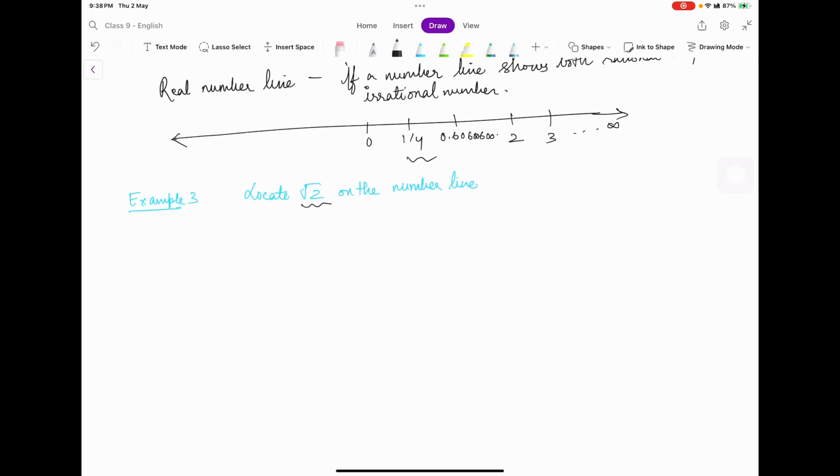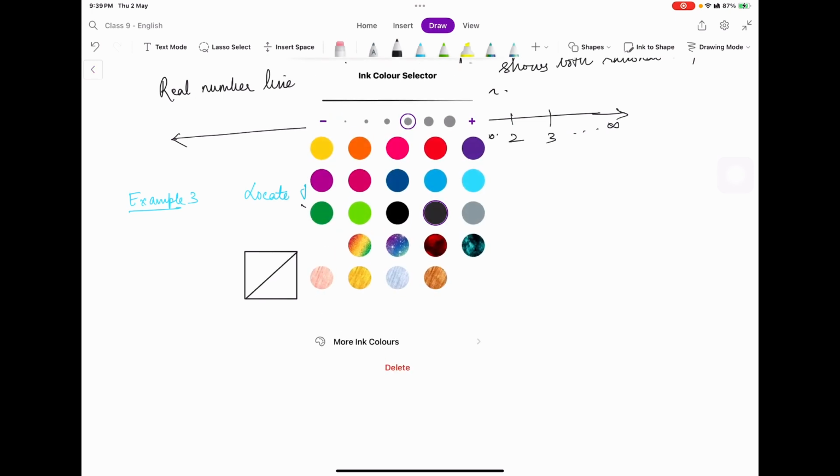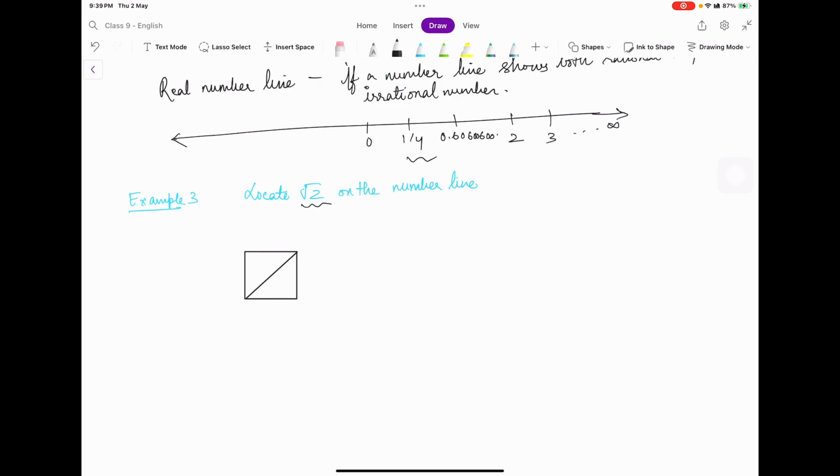Suppose you take a triangle or a square. Let's suppose we take a square and its diagonal. We are drawing a square OABC.